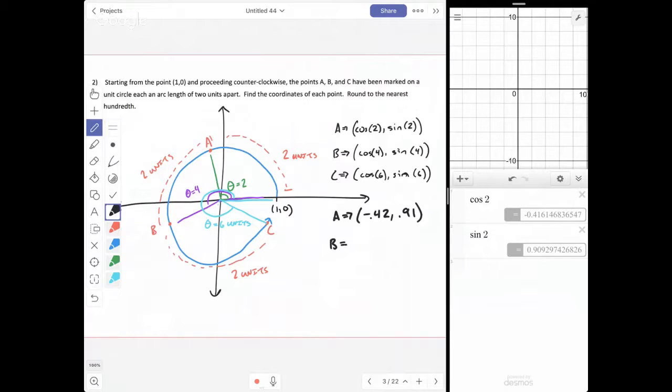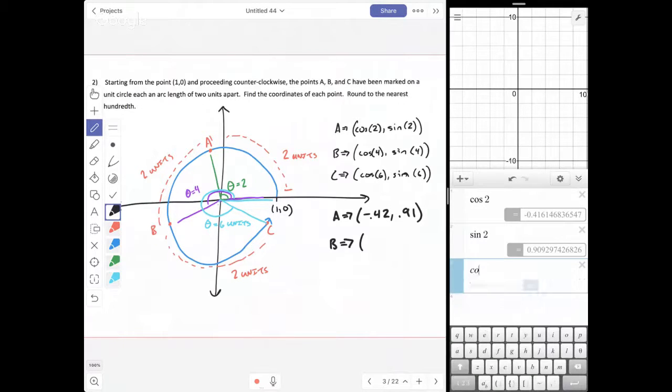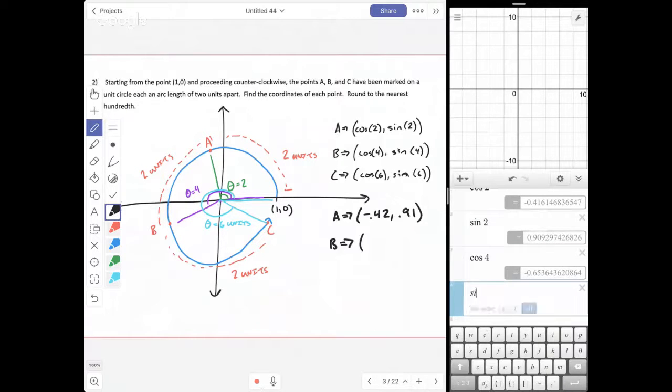Then point B, at cosine 4, sine 4, is negative 0.65, negative 0.76.